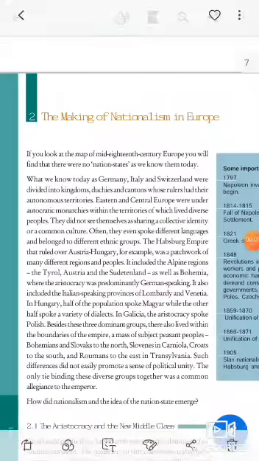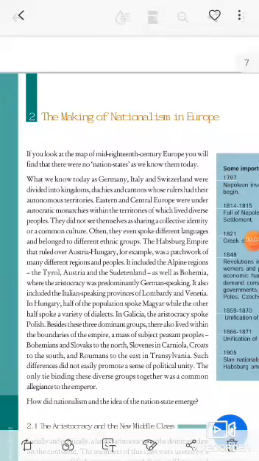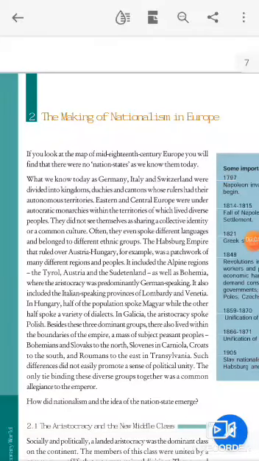But now we are moving into the next section, that is the making of nationalism in Europe. See, when you look back at the map of mid-18th century Europe, you will find that there were no nation states as we know them today. That is something we already said.